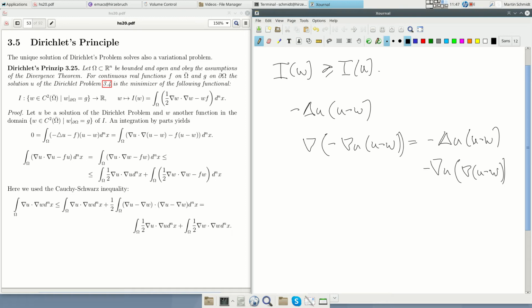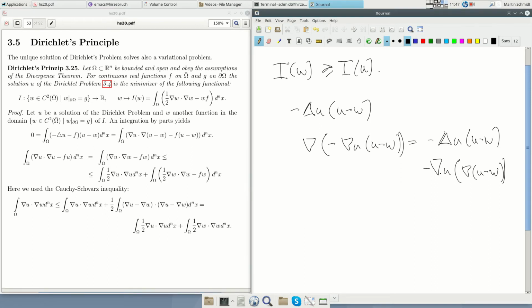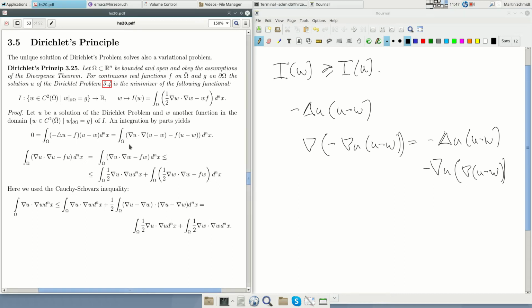Okay, and so this integral over the domain, the first part over the domain, which is the negative of this term, is equal to the boundary term.